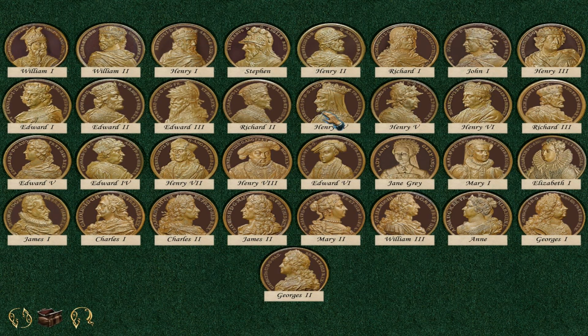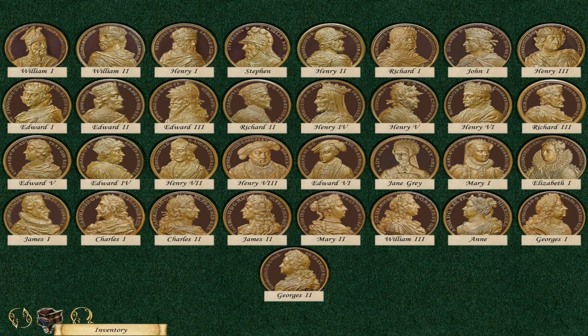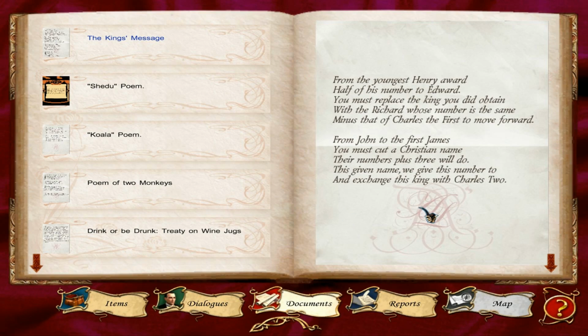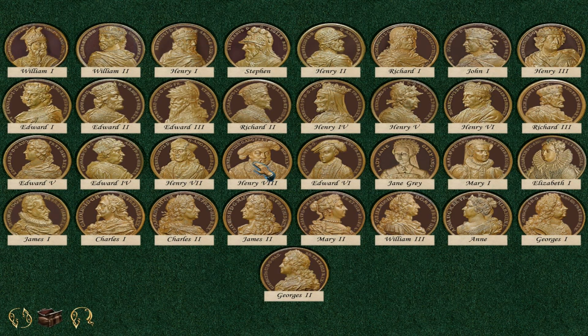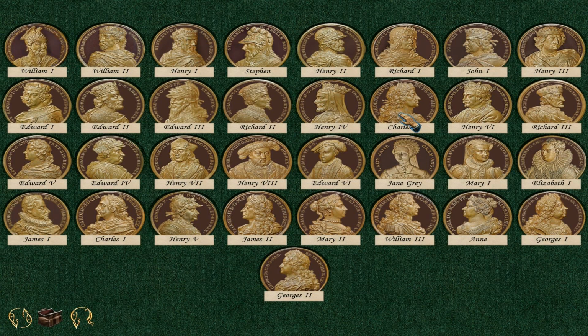From John to James, there's a load of Henrys. Ah, yes, you got the 2 Henrys and then the 2 Henrys. Right, so it's something to do with Henry. Their numbers plus 3 will do, so that's 5, because they're both the first. So Henry the 5th, and exchange Henry the 5th with Charles II. That's not filling me with confidence.